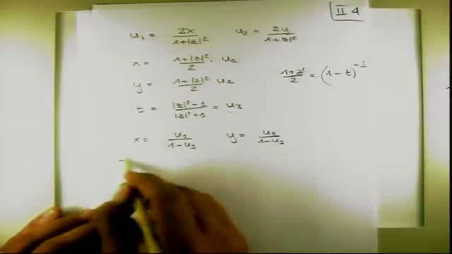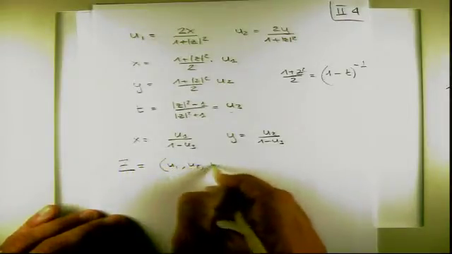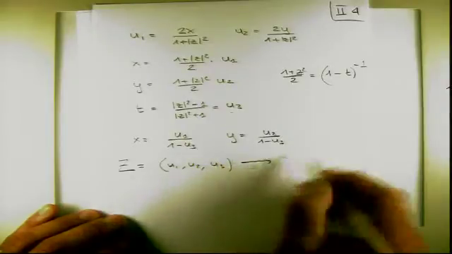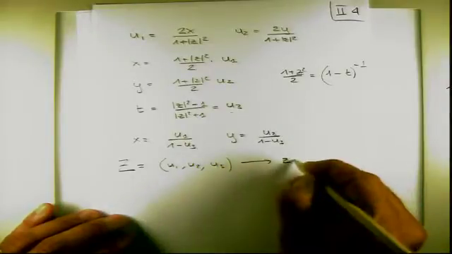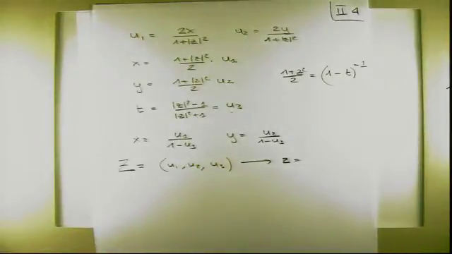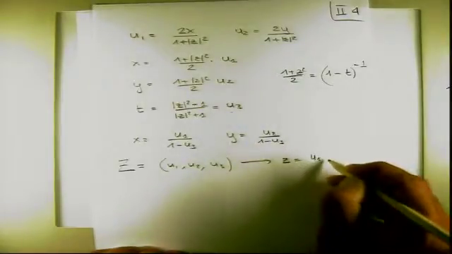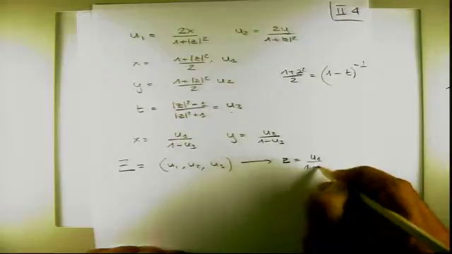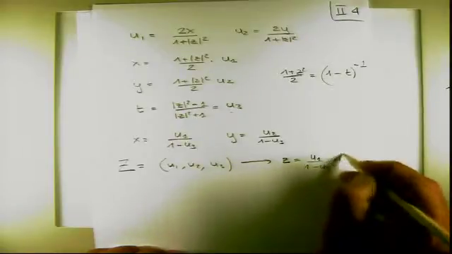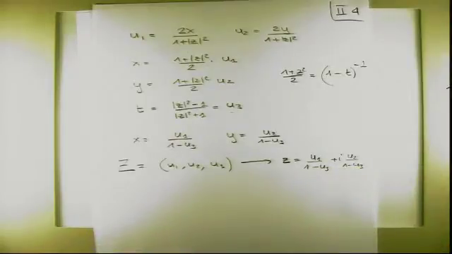Therefore, if I have capital Z, whose components are u1, u2, and u3, I can pass to the complex number z on the plane, obtained as the intersection of the line connecting the north pole to the point capital Z, as u1 over 1 minus u3 plus i times u2 over 1 minus u3. Okay?